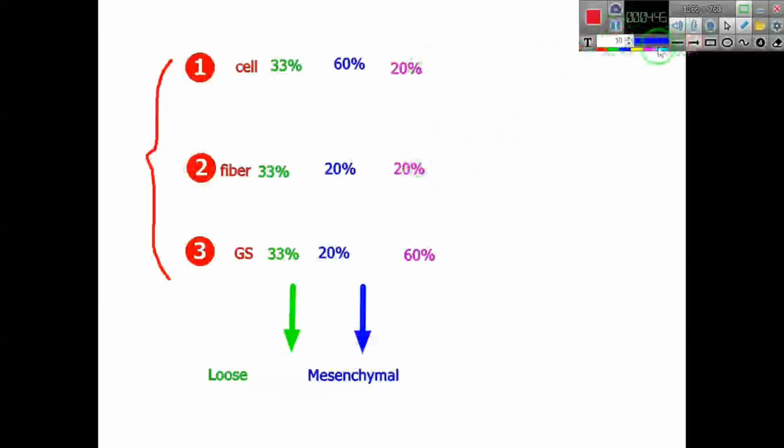This kind of connective tissue is called, you see we have a high amount of ground substance, called mucous or mucosal connective tissue.